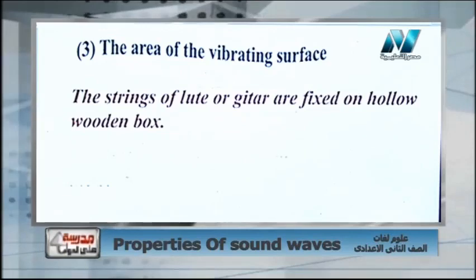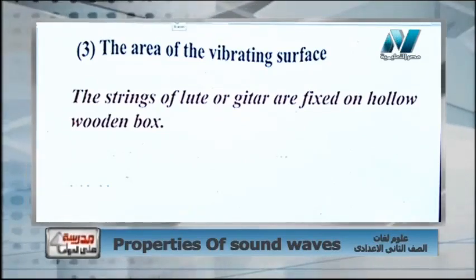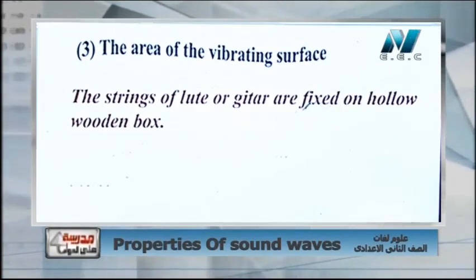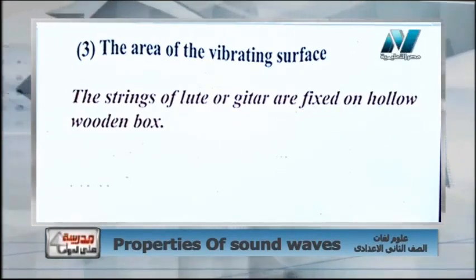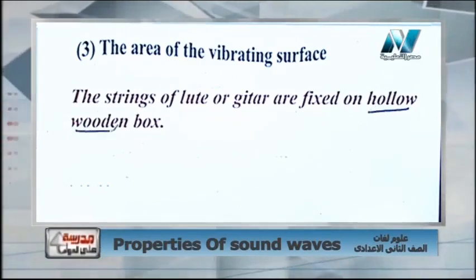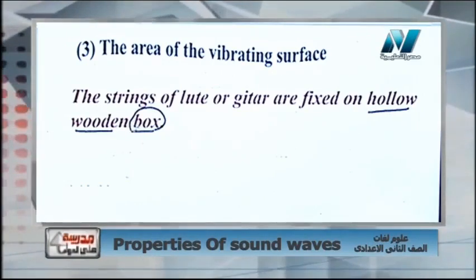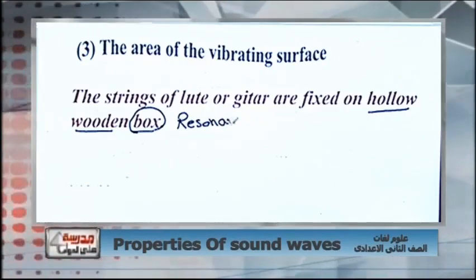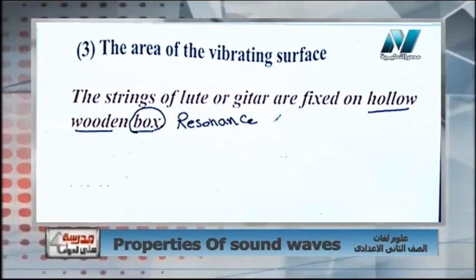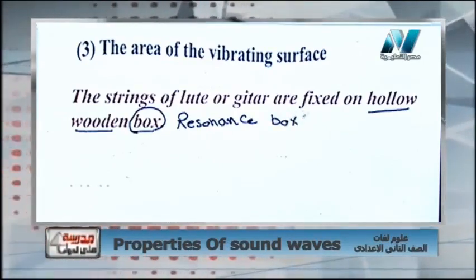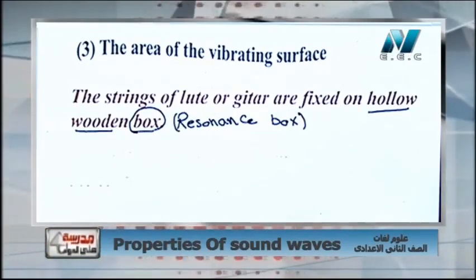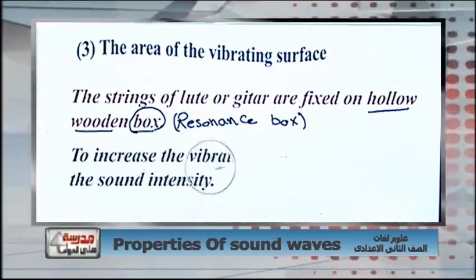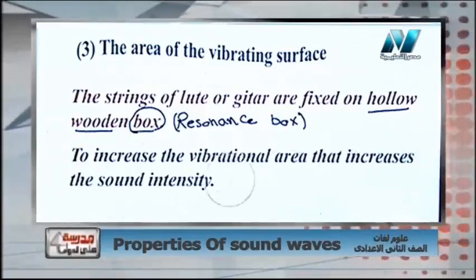We said here surface area, like the guitar, the lute or the violin. We fix the guitar strings on a hollow wooden box. This word box here is like a resonance box, the resonating box, as they call it in Arabic. So we increase what? The surface area of vibration, to increase the sound intensity.